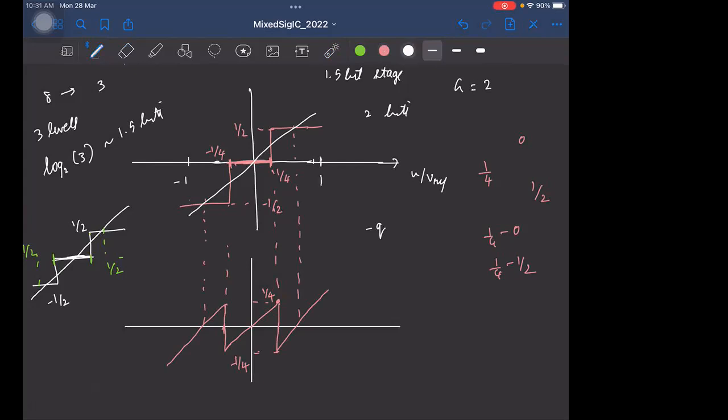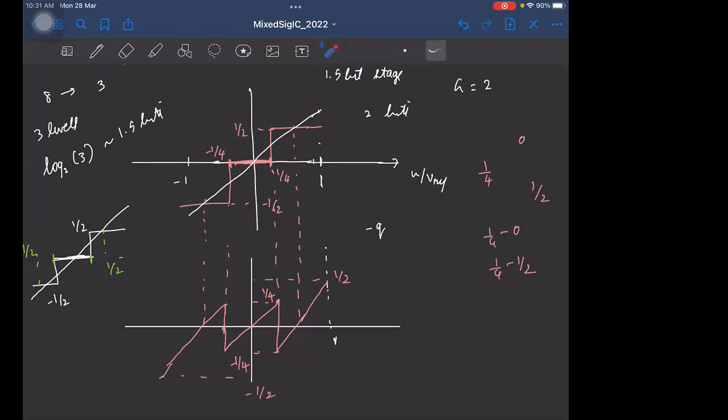Say this is 1. So at this point, what do you think is the quantization error? Sorry, half, right? Because the output is 1, but the input is 1, right? So the quantization error can, I'll draw it slightly better. Okay, so this can go to half, right? Similarly, at this end, it will go to minus half. Okay.